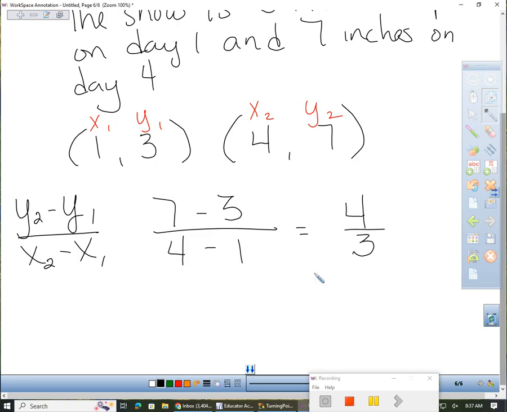So same exact thing, right? It's just that it's in word form instead of as a point. You got to put it in a point. Okay? Any questions there? All right, then the last thing I need to talk about is the special slopes.